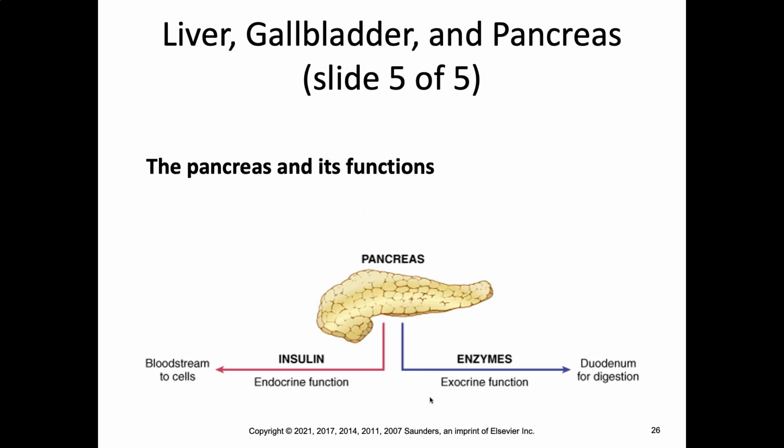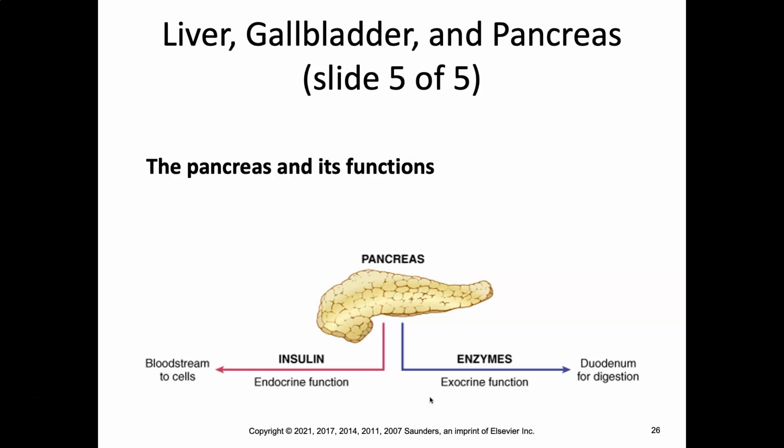All right, next one, pancreas and its functions. The pancreas does two things. It has an endocrine function and an exocrine function. The endocrine function is it releases insulin via the bloodstream to cells. So your pancreas releases insulin to cells through the bloodstream.